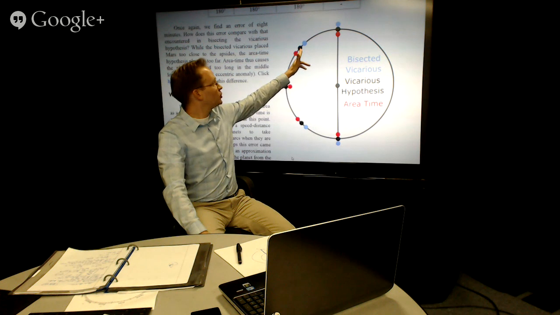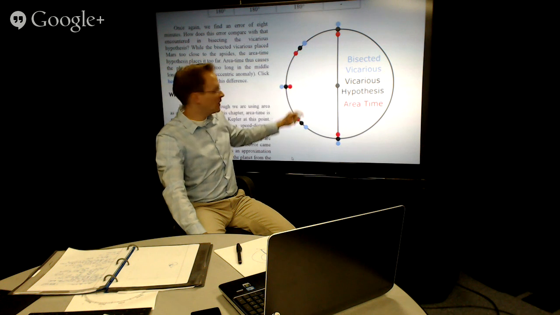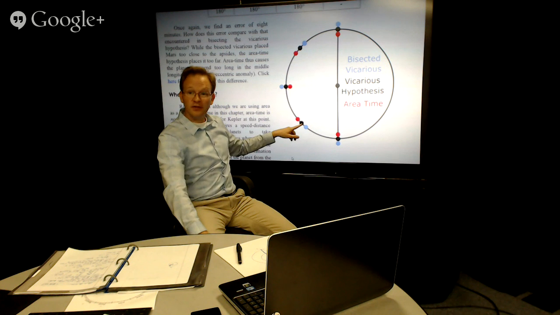Here's where Mars should be at the octant. Here's where using area time actually places it. So it's a little further from the apsides, closer to the quadrant. Here at 135, this is where Mars ought to be, according to the vicarious hypothesis. And this is where using area time places it.